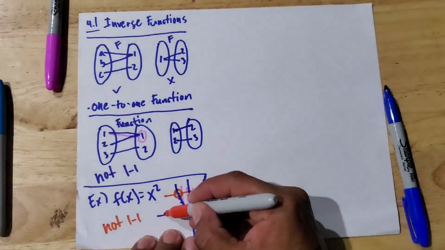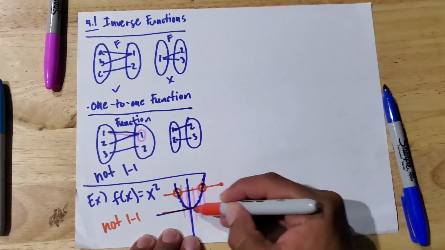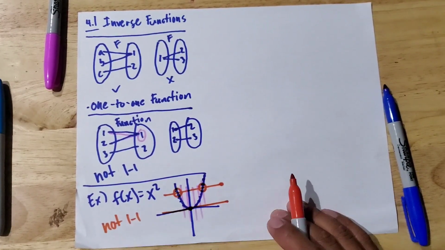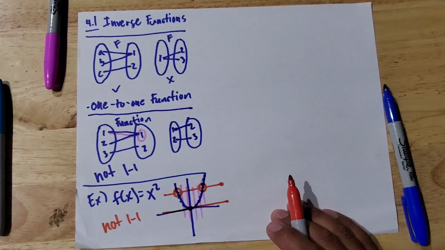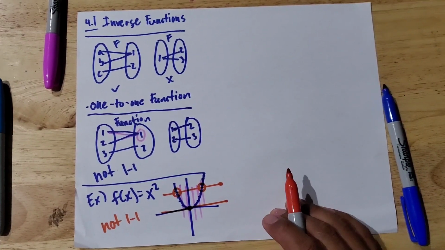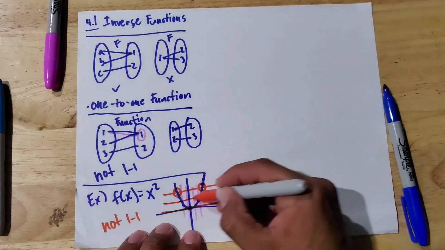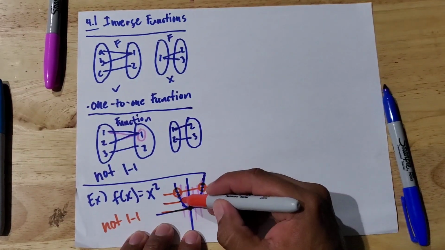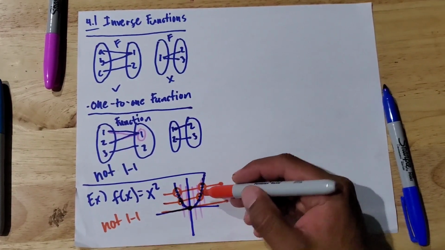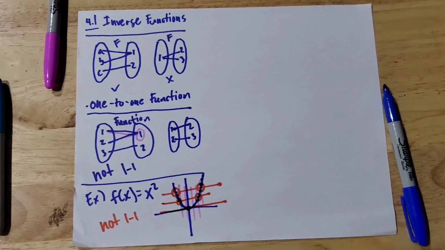And just like the vertical line test, you don't want a line where it's only intersecting the graph once. You want to see where it's intersecting more than once. And if that happens just one time, that automatically means it's not a one-to-one function.